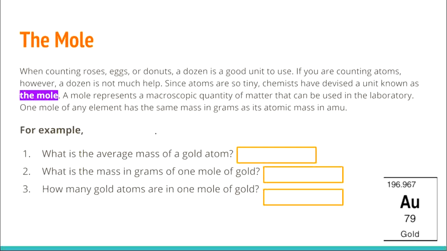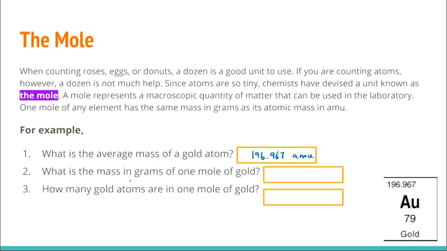So in this case, gold's average mass is 196.967 AMU. Well, we're not talking about average atomic mass anymore because we're not talking about one single atom of gold, but now we're talking about 1 mole of gold. We want to know what the mass is in grams of 1 mole of gold.